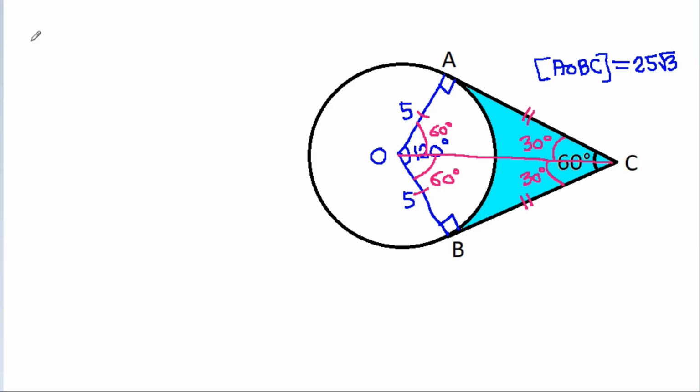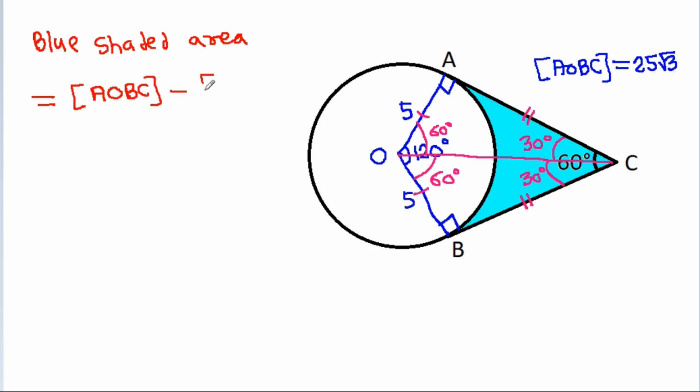Now the blue shaded area is equal to area of AOBC minus area of sector AOB. And area of AOBC is 25 times square root of 3 minus.